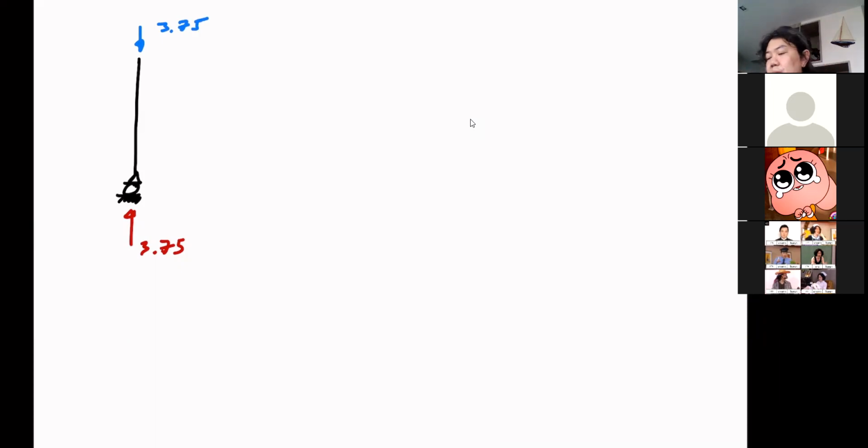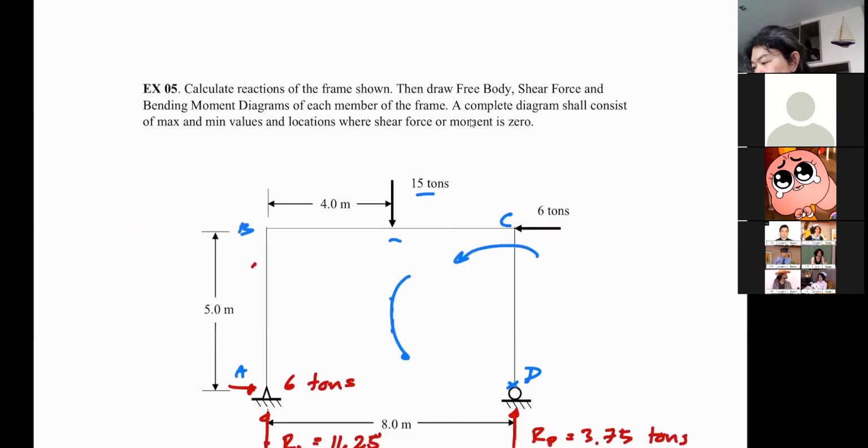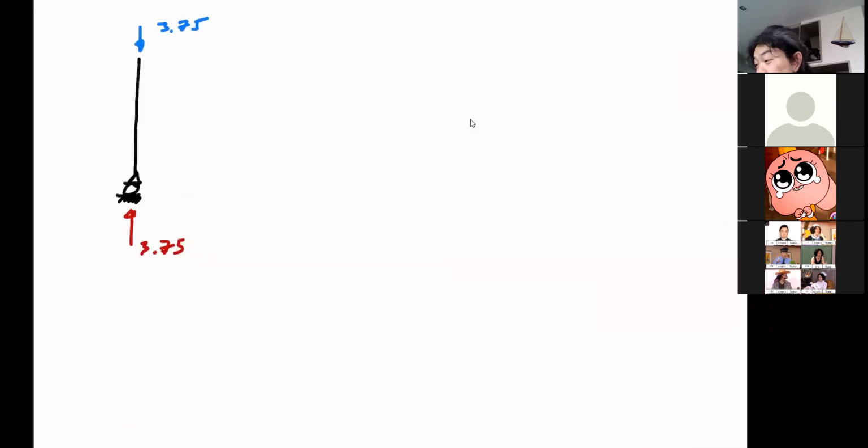And if you are confused by the presence of this 6 tons horizontal load, you can try to draw the free body diagram of the joint, okay? We got the 3.75 here. So I use the red color to indicate that this 3.75, I know because it has to be equal and opposite to this axial force, which is written in blue by the end of member CD at C. Okay.